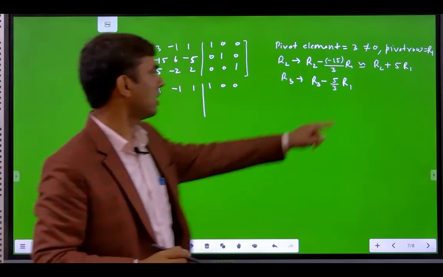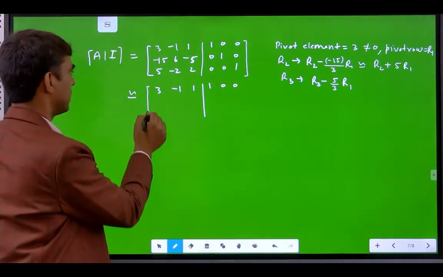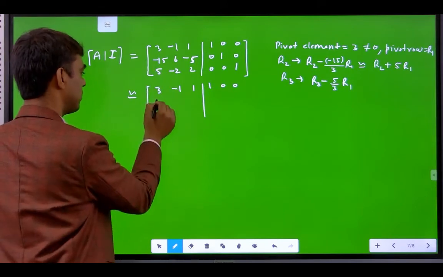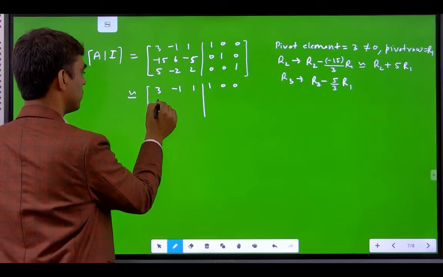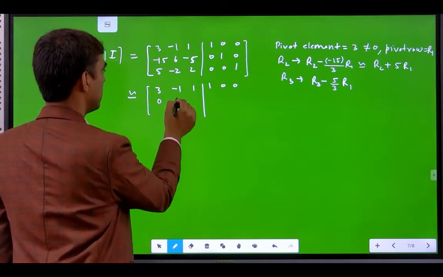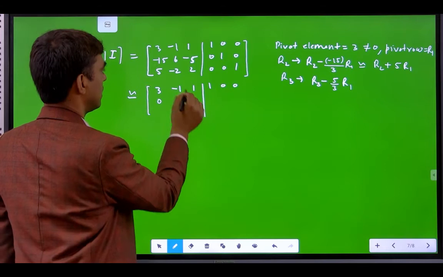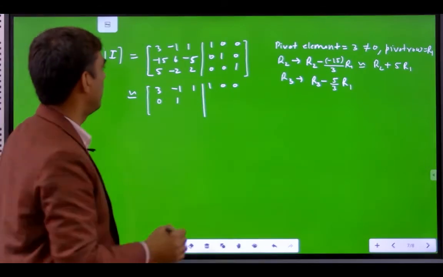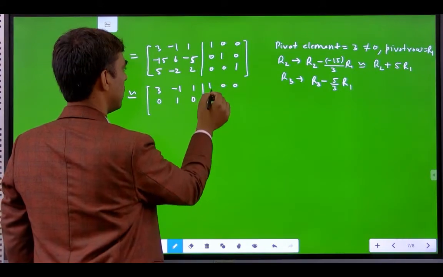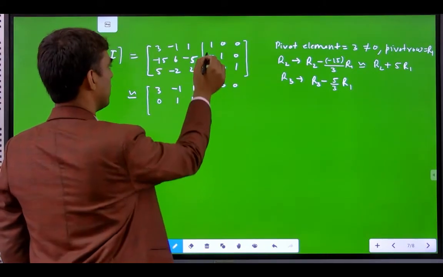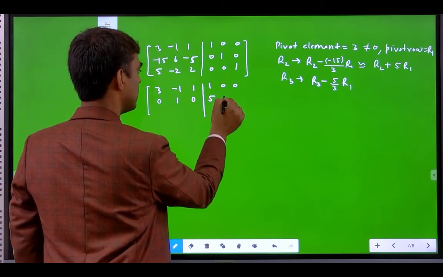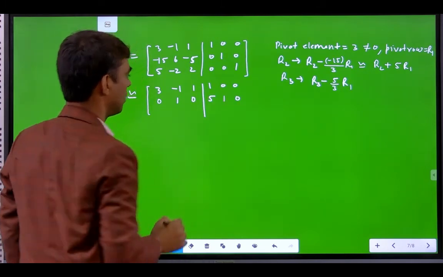Now if we perform R2 plus 5R1, then the second row becomes: minus 15 plus 15 becomes 0, 6 minus 5 becomes 1, 6 minus 5 becomes 1, and minus 5 plus 5 becomes 0, and with 5R1 this becomes 5, and there is no change in the other values.